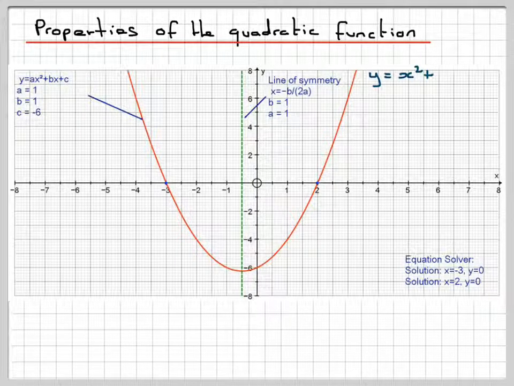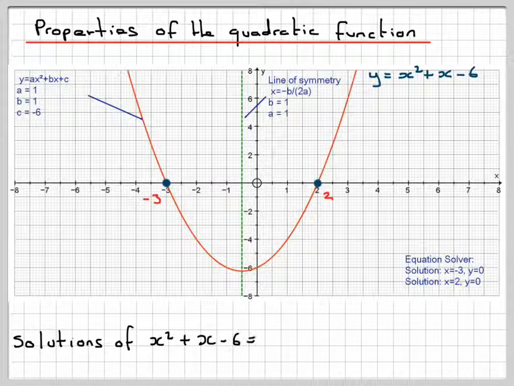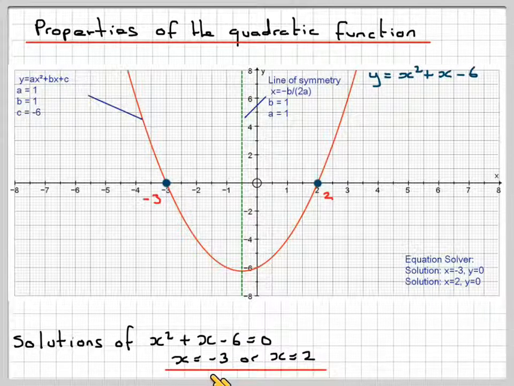So here is the curve y is equal to x squared plus x minus 6. Here we have the two roots, one root here, one root here: x is equal to minus 3, x is equal to 2. So when you're doing that, you're solving the equation x squared plus x minus 6 is equal to 0, x is equal to minus 3, and x is equal to 2. Notice that distance is the same as that distance.